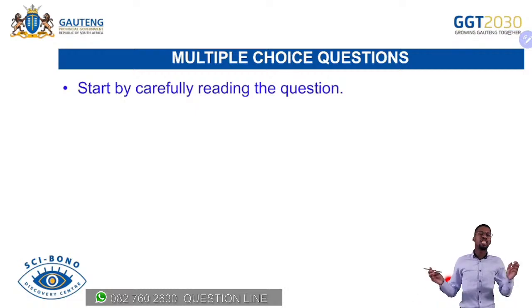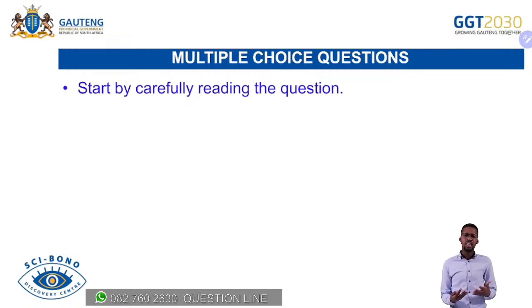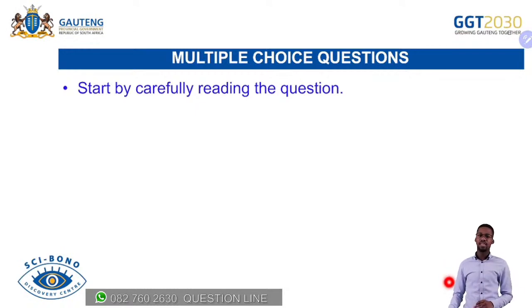Don't rush to just say C because your name is Claudia. No. When we deal with multiple choice, read the statement, read the question, and fully comprehend it. What is it that it wants? Does it require you to use a certain principle, or does it require you to perform some calculation? So read the question carefully.